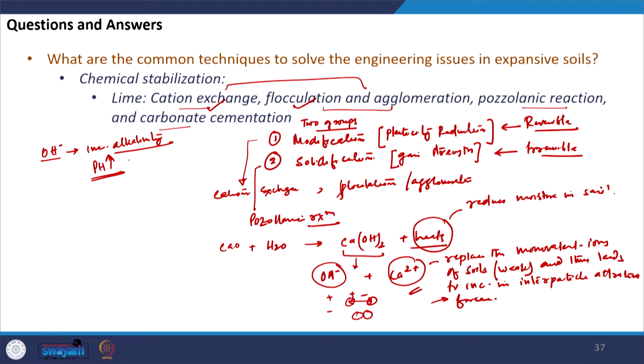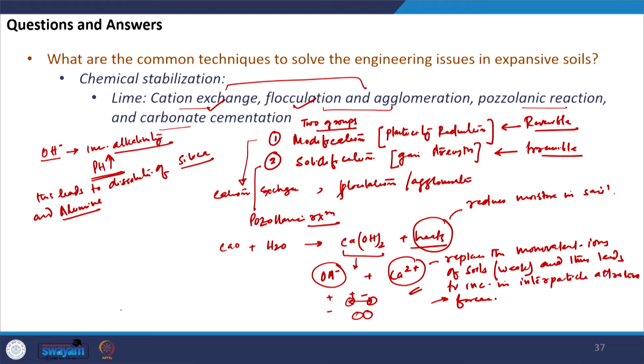So, once the pH or the alkalinity increases, this alkaline environment leads to dissolution of the silica and alumina. Now, silica and alumina are present in the clay minerals.